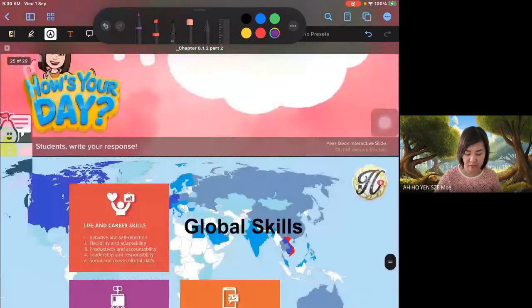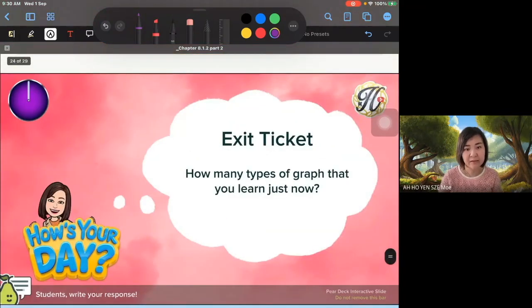So, exit ticket. How many types of graph did you learn just now? Just write down the value. 1, 2, 3, 4, 5. No need to give the name, though some have already given the name. So how many? 3. 3 means linear, hyperbola, parabola, right?